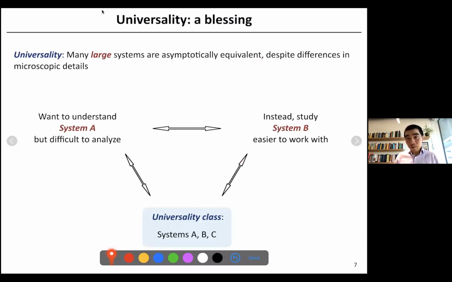But if we can show first that A belongs to the same universality class as B and C, some alternative systems, we might as well study system B if it has additional properties, for example, symmetry that we can exploit. And whatever properties we derive from B can be carried over to A due to universality. Next, I'm going to use one example to show how we exploit this so-called blessing of dimensionality.